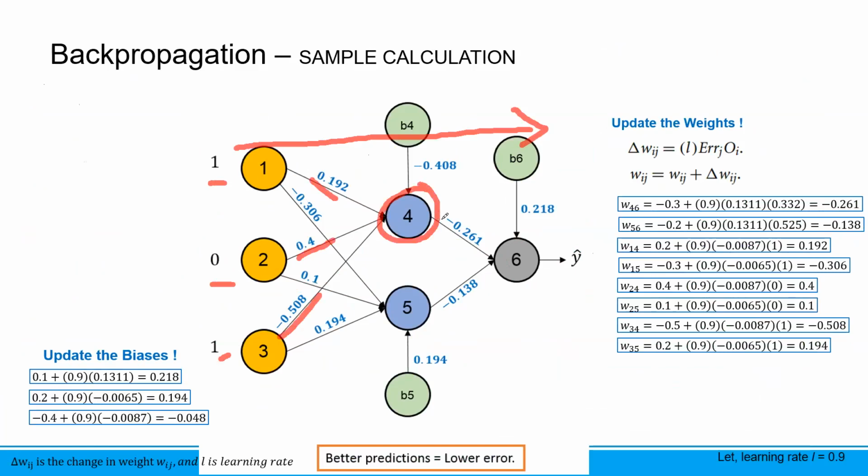And then again, we multiply by this and this multiply this, we get this value. And we will check whether the error is minimized or not. If it is already minimized, then stop. If it is not minimized, then we again do the iteration until we get the minimum value.